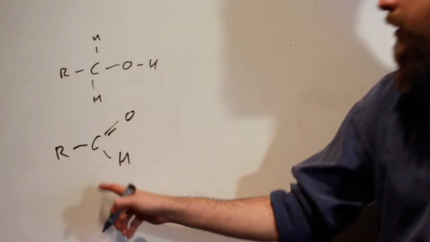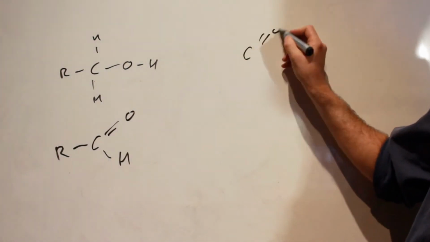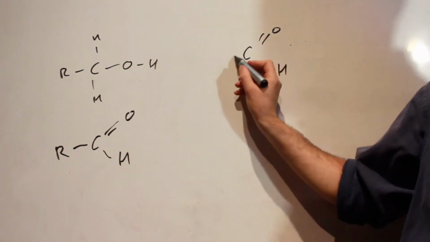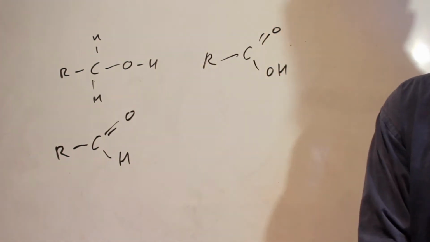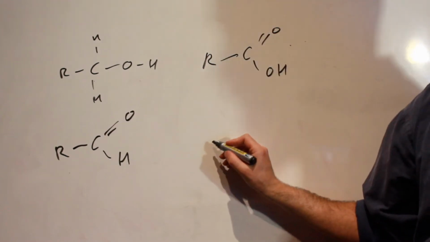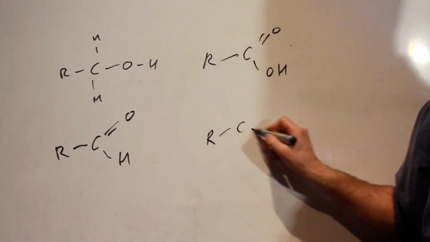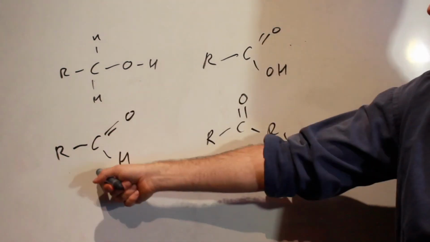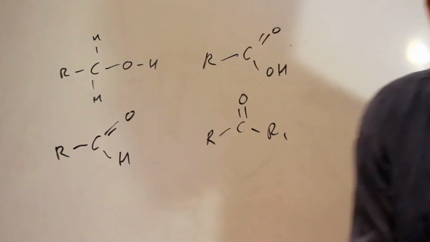Carboxylic acids, similar. They're a sort of combination of the two, where we've got the carbonyl group and the hydroxyl group, the rest of our molecule. And then our ketones have the carbonyl group in the molecule, like so. So alcohols, aldehydes, carboxylic acids, and ketones.